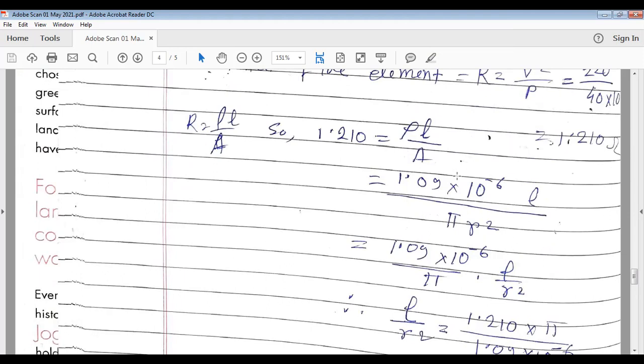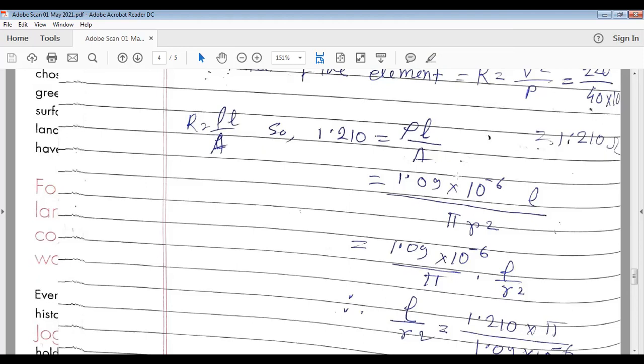Some power is given, and you have to calculate the heater surface area, length, resistance, or diameter. Sometimes the heater specification is given, and then you have to calculate the required power. So this is our main motto.